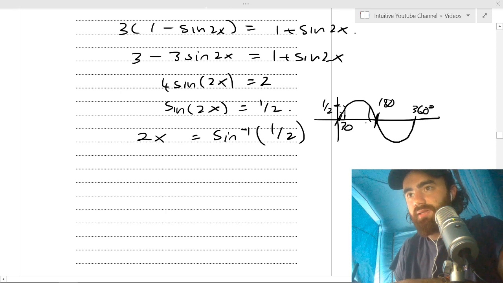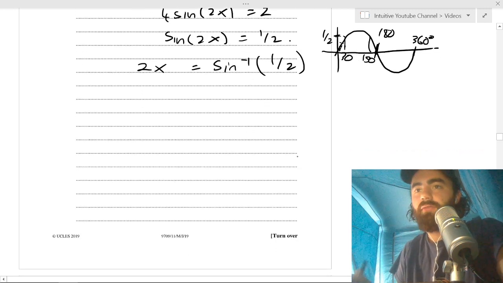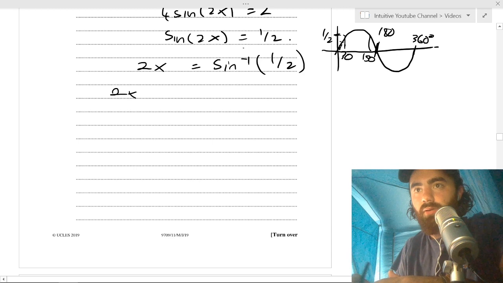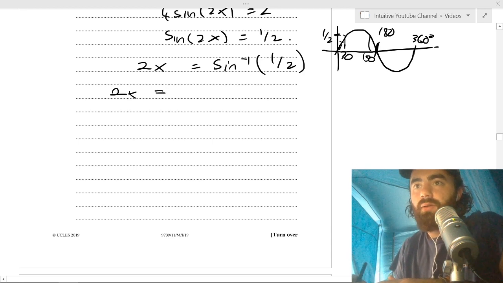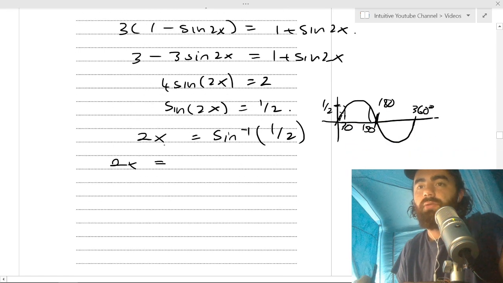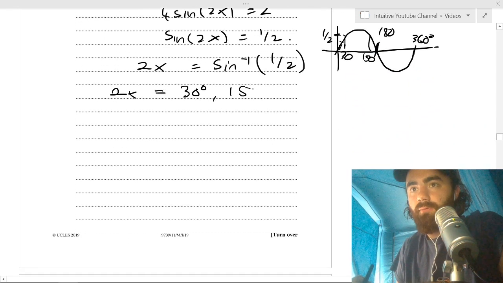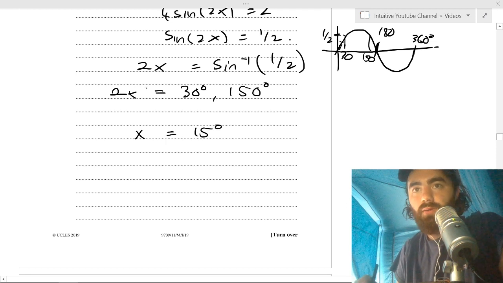And so that means, because it's symmetric, this will be 150, or 180 minus 30. 180 minus 30 is 150. So the inverse of sine half has solutions, for x between 0 and pi, of 30 degrees and 150 degrees. So our x equals 15, when we divide through by 2, and 75 degrees.